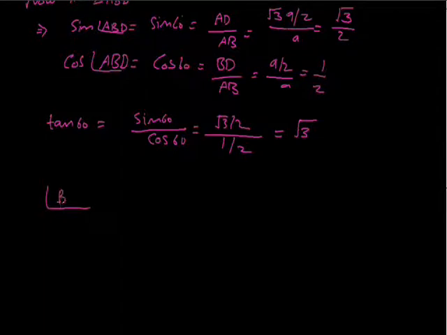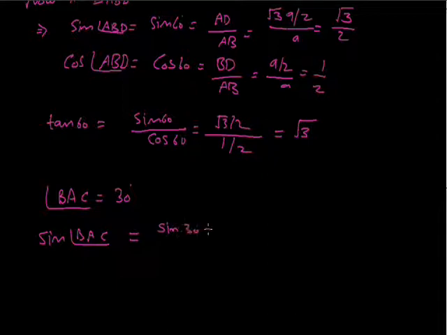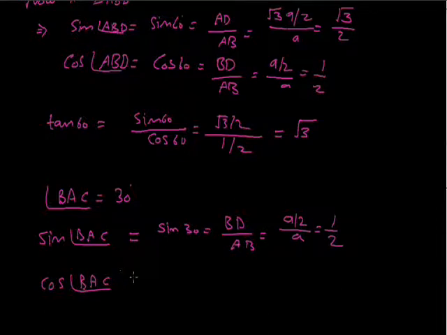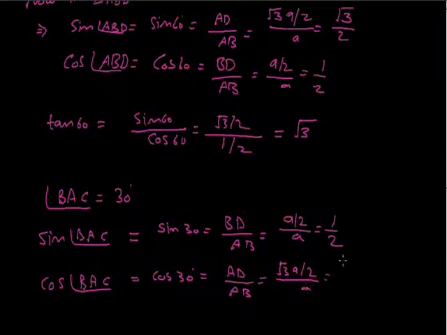Angle BAC is 30 degree. The sine of angle BAC equals sin 30 degree equals BD upon AB equals a by 2 upon a, so this equals 1 by 2. Cos of BAC equals cos 30 degree equals AD upon AB equals root 3 a upon 2 upon a equals root 3 upon 2.